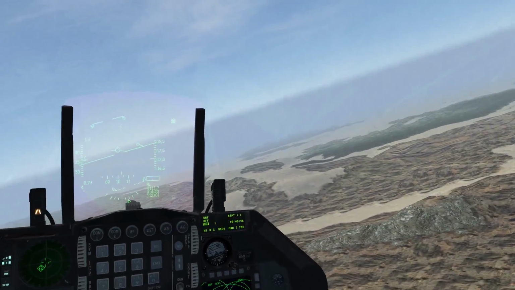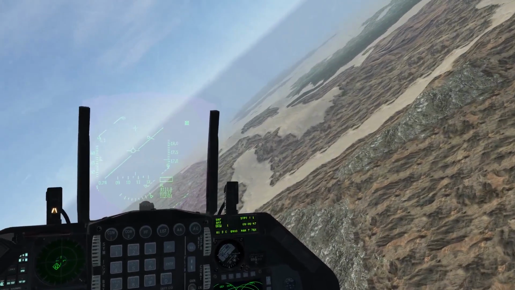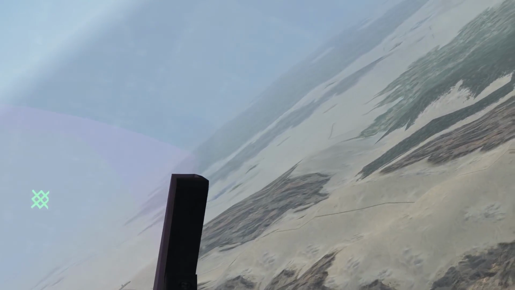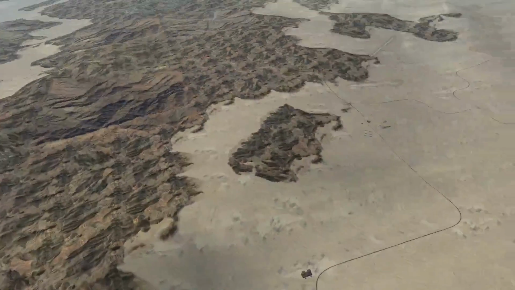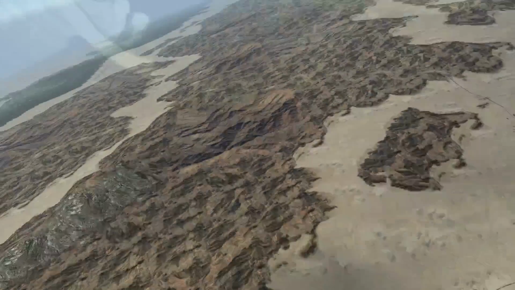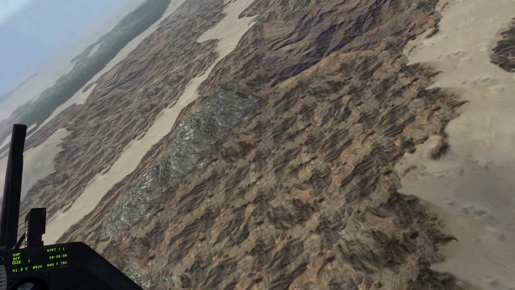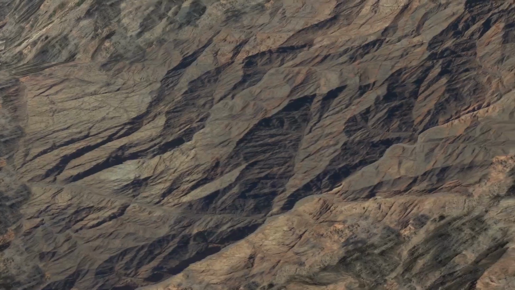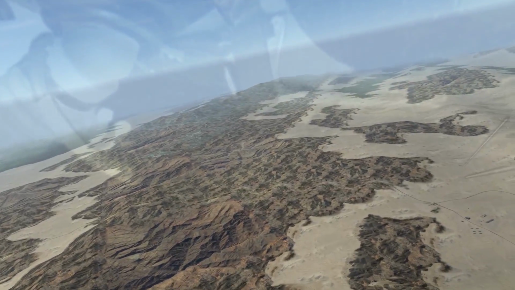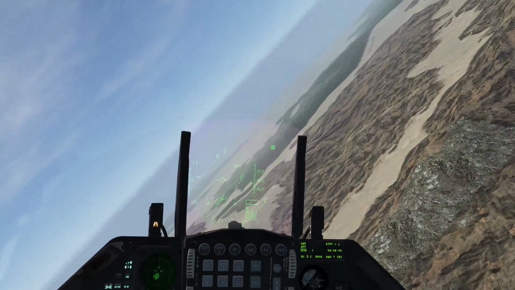So flying now, you will start to see in the distance a very, very large urban sprawl. And again, I'm overflying here. What is the name of this mountain range? Anti-Lebanese mountains. They're not as steep, but there will be SA-6s defending some of the low valleys here and some of the roads here.